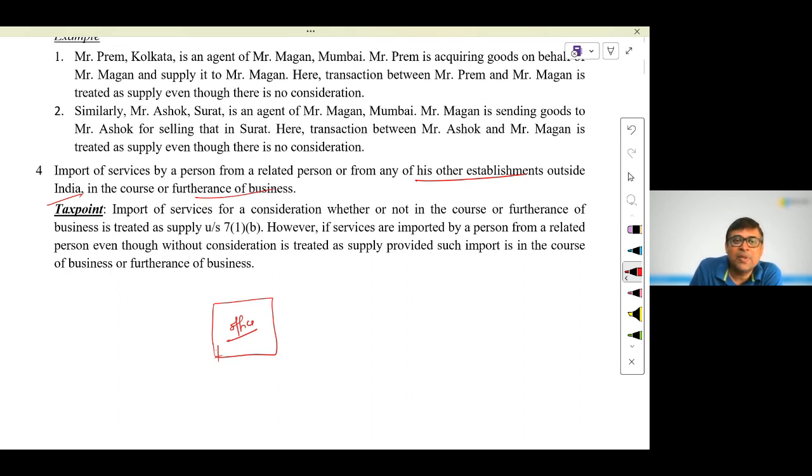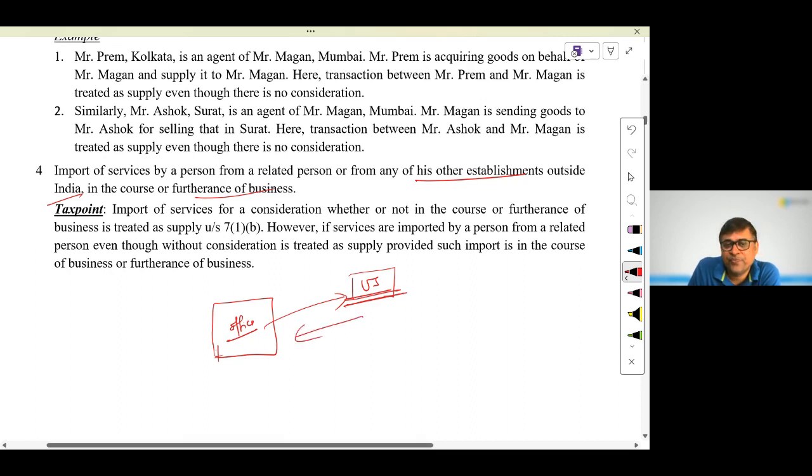My related person, my relative located in the US, say my brother or my son located in the US, is doing interior decoration in that country. So I called him, please suggest some good interior design plan, and he provided me that plan. No consideration involved.